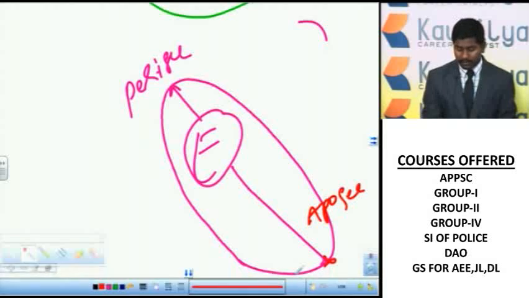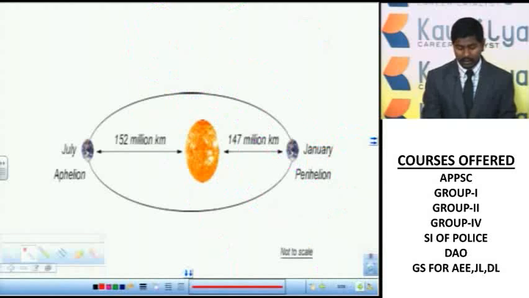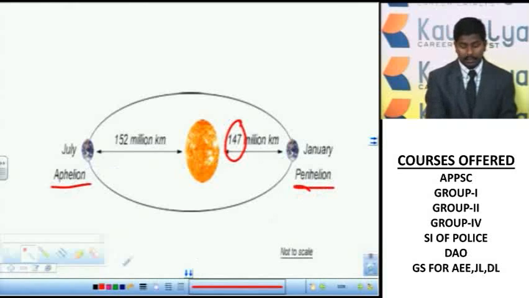Now in general, perihelion and aphelion occur on certain days. On the day of perihelion there will be the shortest distance between the sun and the earth, about 147 million kilometers. At the time of aphelion there will be the maximum distance between the sun and the earth.